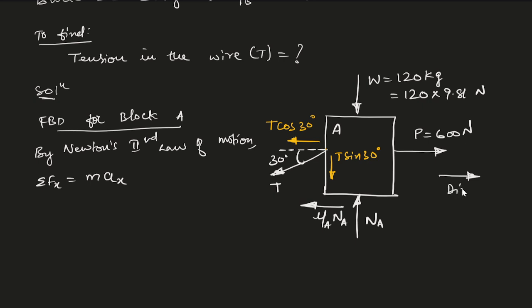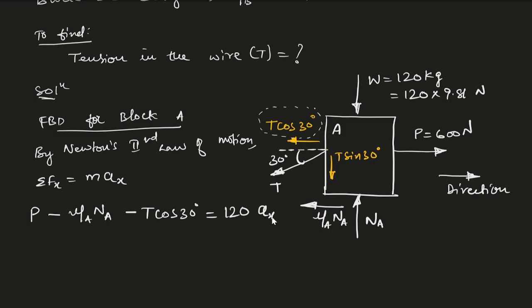So here P is positive, plus P, and minus mu A into Na. And what else? Yeah, we have this also, that is T cos 30, which is also opposite to the direction, so minus T cos 30. This will be equal to mass 120 kg into ax.